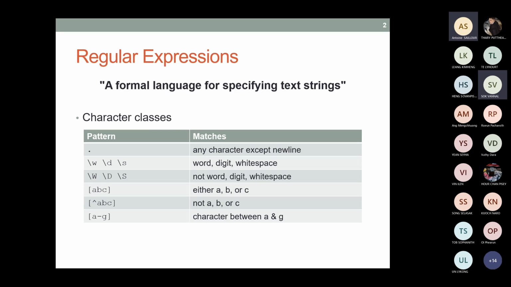It is also useful when we want to replace a pattern with a new pattern. Have you ever heard about regular expressions? Actually, in the automata theory course, we also talk about regular expressions, but it is more on the concept.